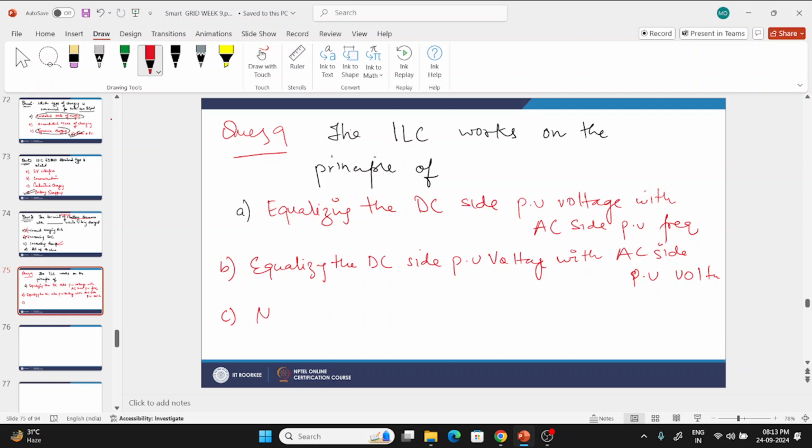C, none of the above. D, both A and B. So tell me the right answer. Actually, the correct answer here will be equalizing DC side per unit voltage with the AC side per unit frequency. Okay.